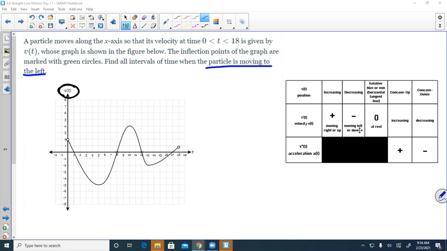And for the object to move to the left, that means I'm looking for where the velocity is negative. Since I have the velocity graph, then I just look at where this graph is negative. So I would answer from 1 to 8, and then also from 12 to 17.